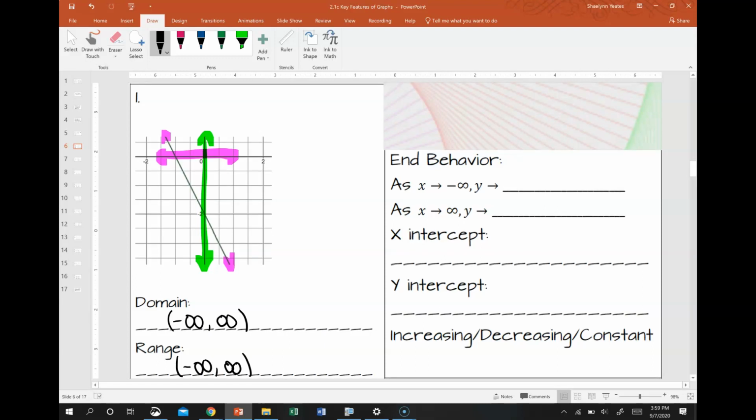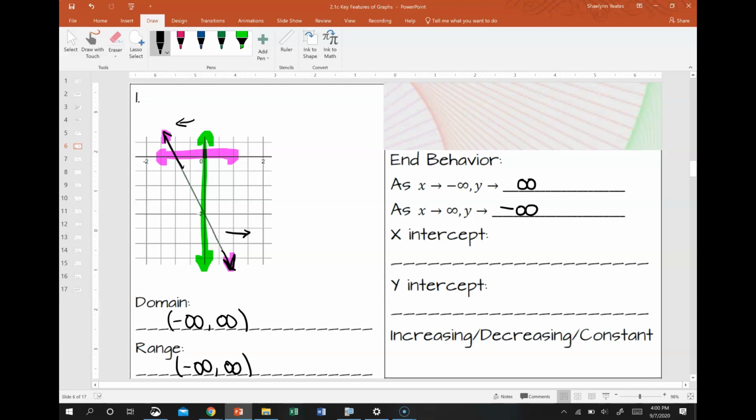So as x goes to negative infinity, in other words, as we go further and further left, which way is the graph going? Up or down? It's going up. So as x goes to negative infinity, y goes to infinity. If we look at the right end behavior, as we go further to the right, or as x goes to positive infinity, it's going down. Oh, and then we can answer, is it increasing or decreasing?